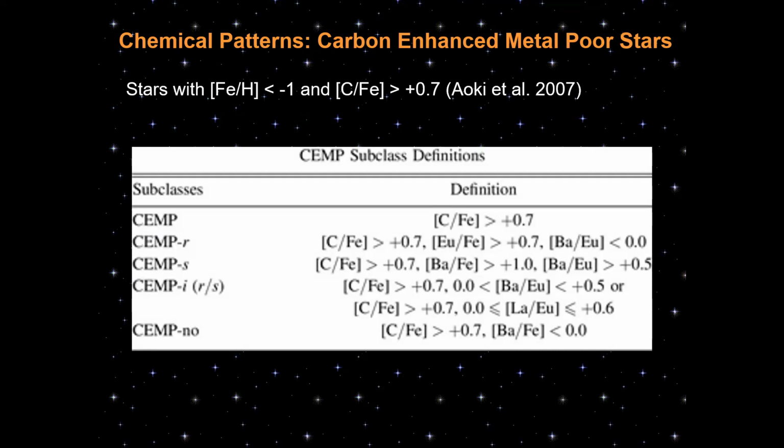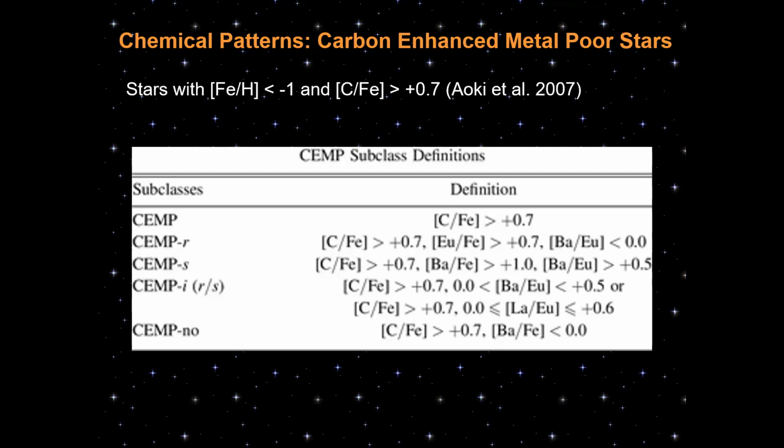When we talk about abundances and chemical signatures, it would take 8 talks, because it's so complex to talk about all the possible signatures in the halo system. But today I will focus on this particular class of stars, the carbon-enhanced metal poor stars. These stars are metal poor, and they show a lot of carbon in their atmosphere.